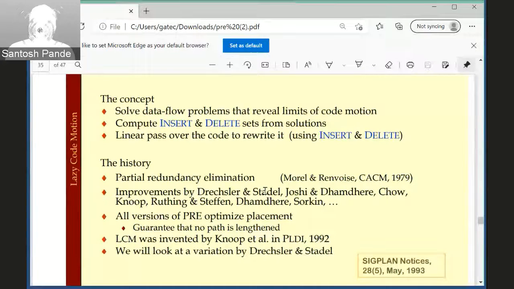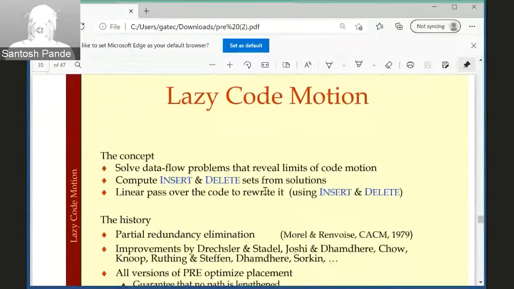So the main thing that we are looking at here, and we discussed all the background behind it, is lazy code motion.